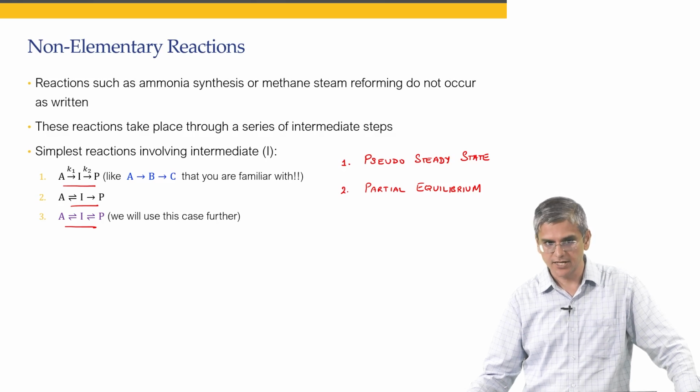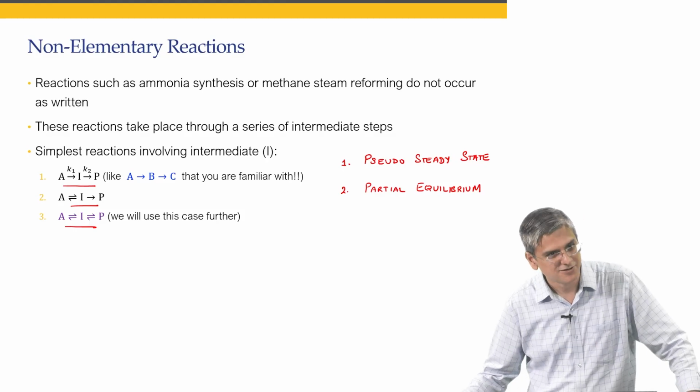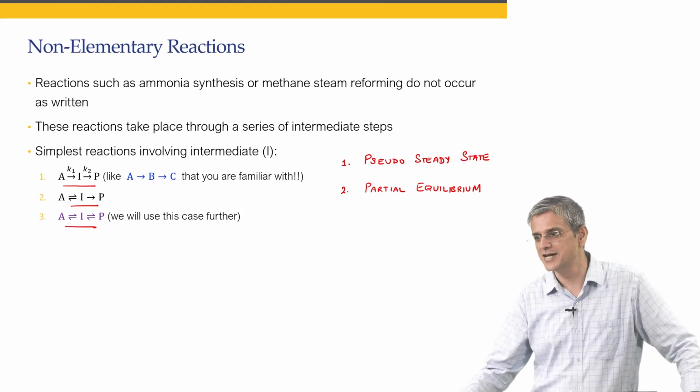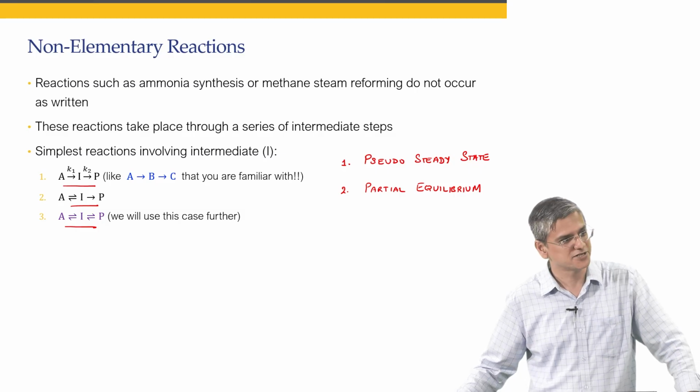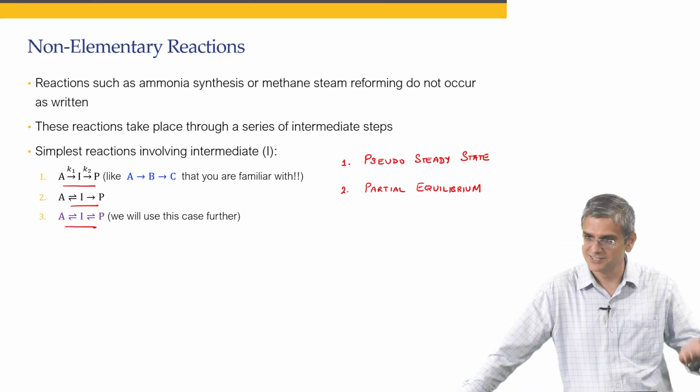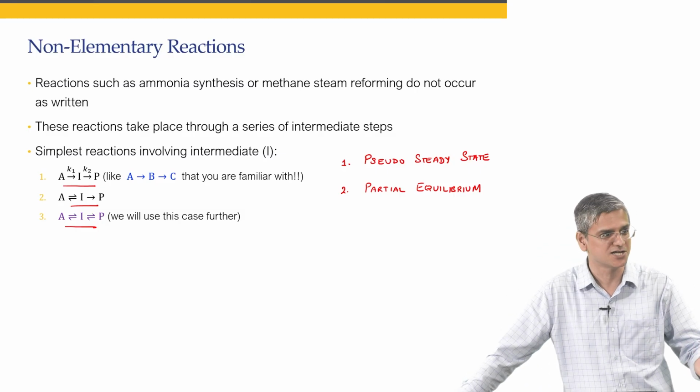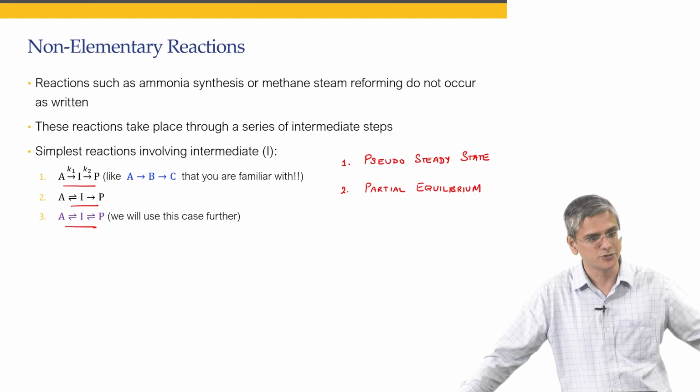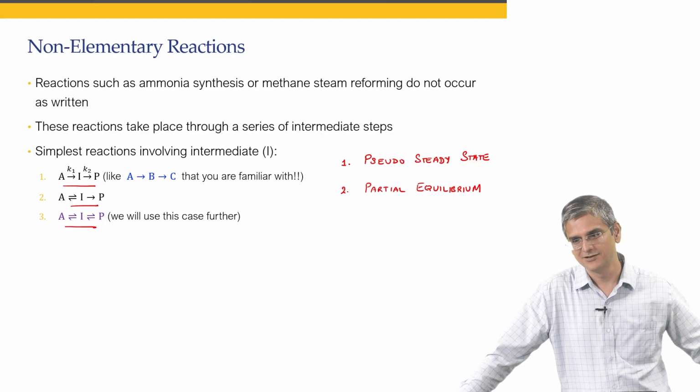We will take this example, A going to I going to P reversibly, both reactions are reversible. What you are going to try to do today is, can you write the ODEs down and solve them if you have all the ODEs.